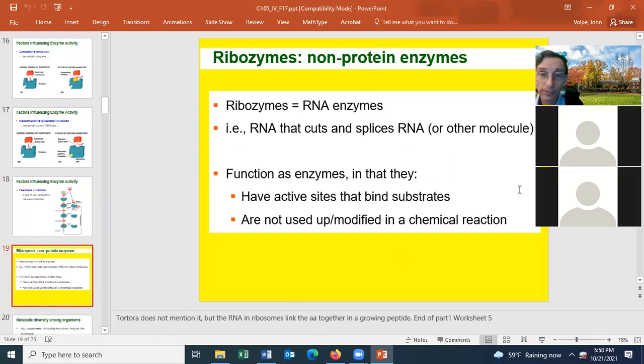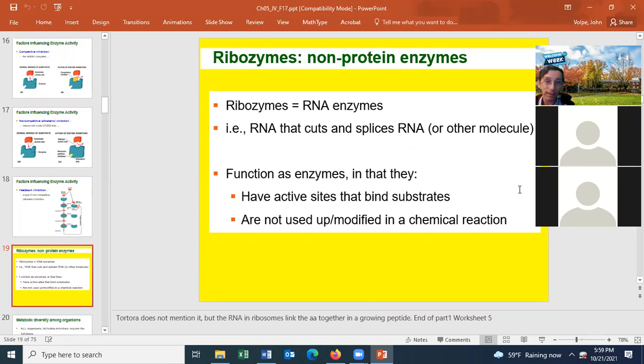All right, if there's no questions, let's move on to ribozymes. Ribozymes are non-protein enzymes. They are enzymes, but they're not made up of proteins. Ribozymes are RNA enzymes.